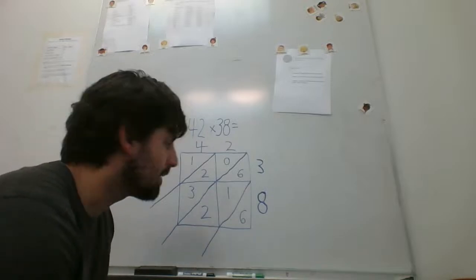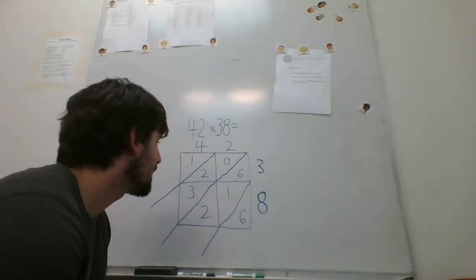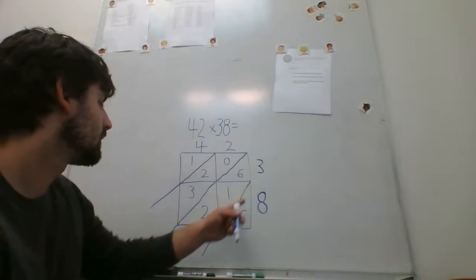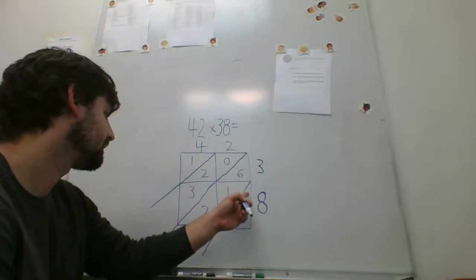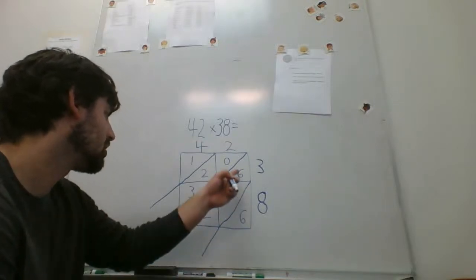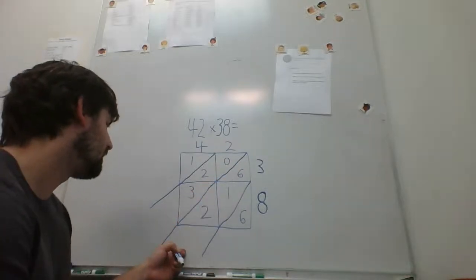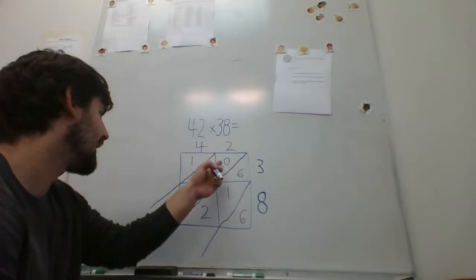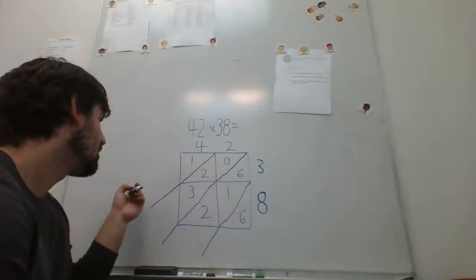So now the next step is we have to add up our products. We're adding up the numbers going diagonally. So we're going to add up the numbers in front of this diagonal line, the numbers in between these 2 diagonal lines, the numbers in between these diagonal lines, and the numbers before this diagonal line.